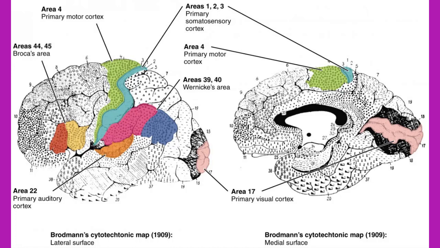Anterior to the central sulcus is the frontal lobe, which is primarily associated with motor functions. The precentral gyrus is the primary motor cortex. Cells from this region of the cerebral cortex are the upper motor neurons that instruct cells of the spinal cord to move skeletal muscles.